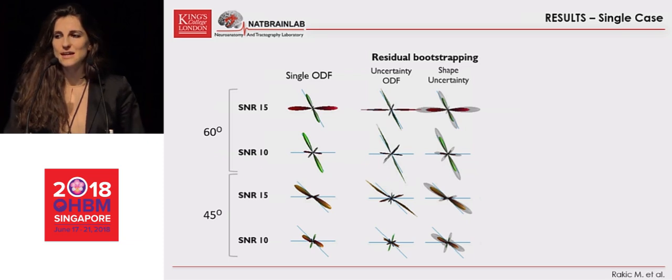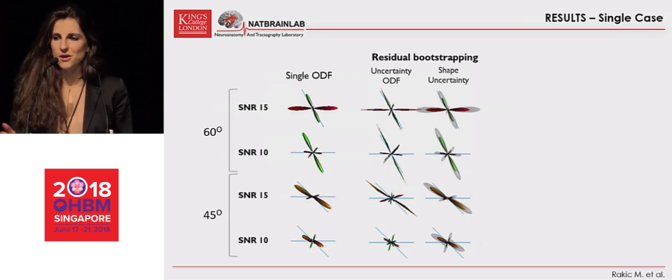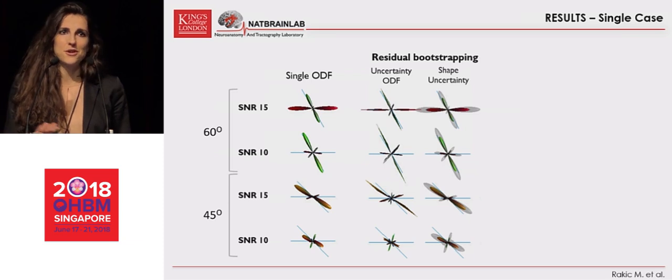And looking closely at the shape uncertainty mean ODF, it's actually no different than the single ODF estimation without any bootstrapping.